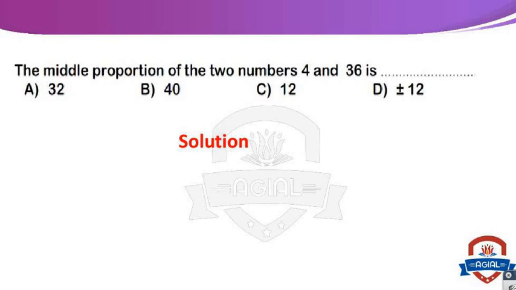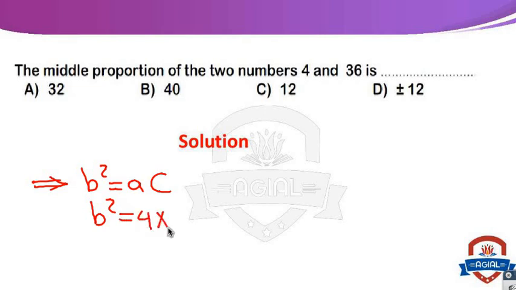Another example, the middle proportion of the two numbers 4 and 36. Very, very important. The middle proportion of the two numbers 4 and 36 is what? B squared equals AC. B squared equals first 4 times 36.